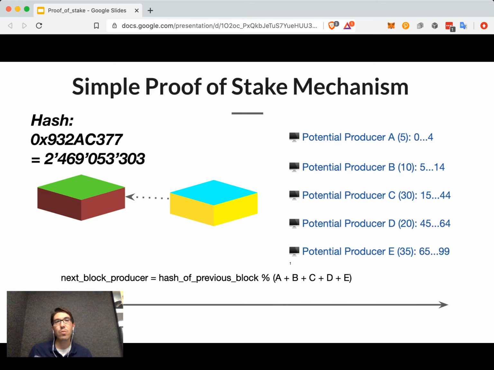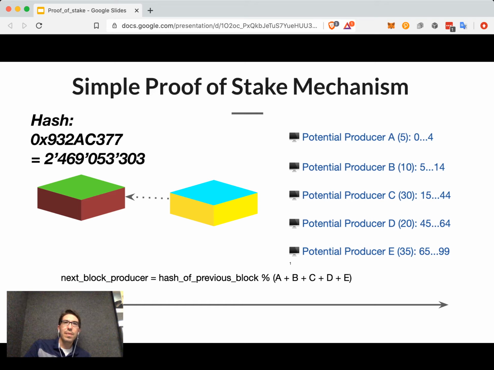It's just like we could easily verify the proof of work and who is the next block producer by looking and running the hash ourselves. It's very easy for anyone to run a modulo function, right? The hash of the previous block is publicly available, and the amount of tokens are easily calculatable, and running a modulo function, not very difficult.